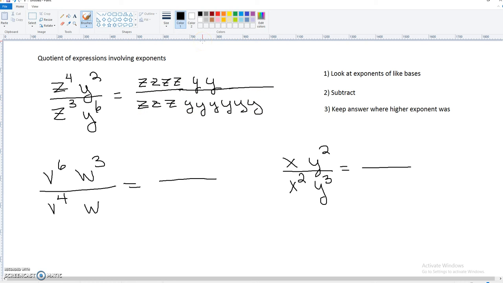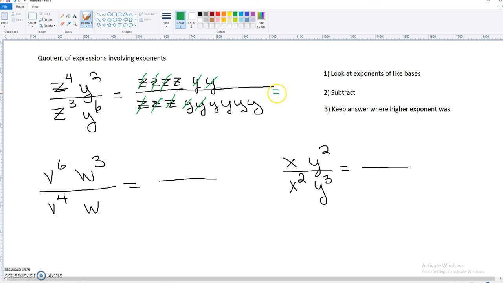Okay, so if we had 3 divided by 3, that would give us 1, right? Well, the same thing happens with the letters, except we just mark them out. So this Z cancels this Z. This Z cancels this one. This one cancels this one. Same thing with our Y's. This Y cancels this Y. This Y cancels this Y.